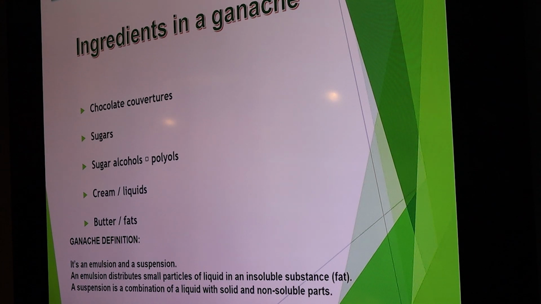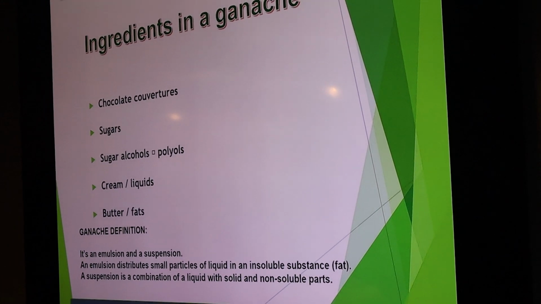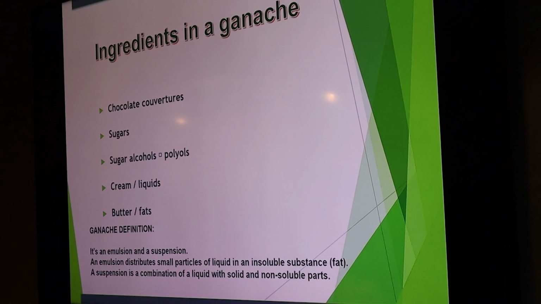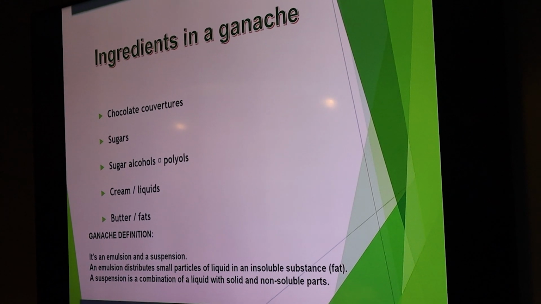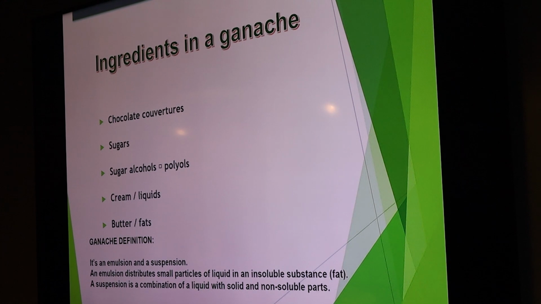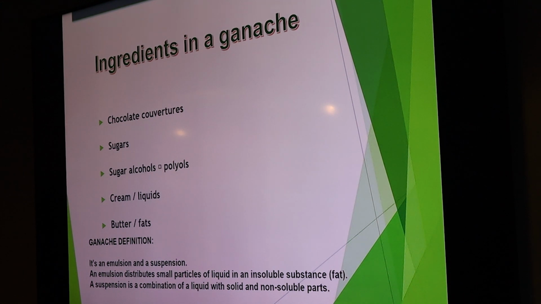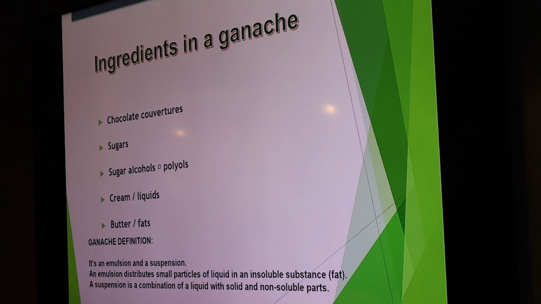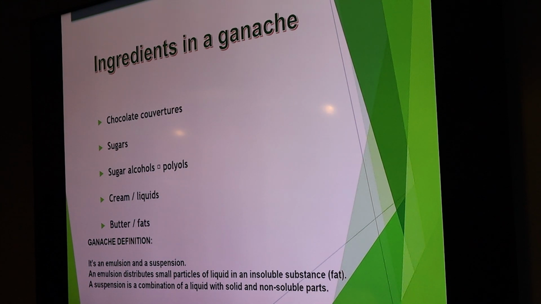Those are the two kinds of ganache we will consider today, also because that's the most interesting part for chefs today. There's a big difference when you balance a ganache for molded pralines and when you balance a ganache for the frame ganache. So that's quite a big difference.